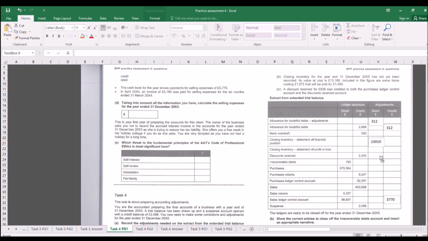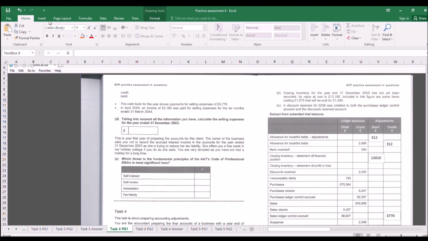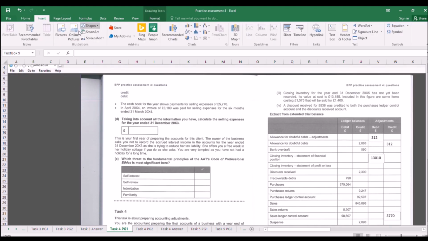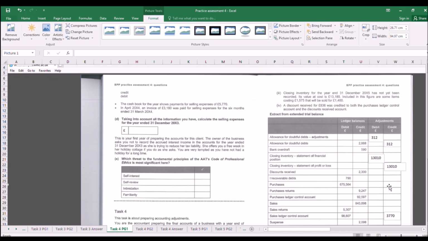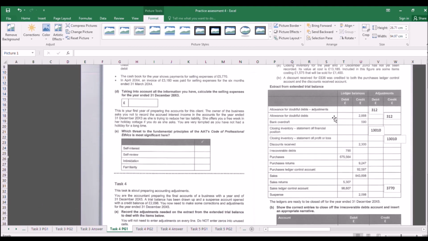Insert shape. The same thing is going to be a credit to our statement of profit and loss account. Let's move that across a bit, make it fuller. There we go. So that's what we would have there.